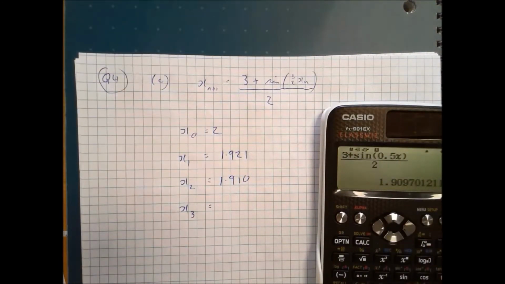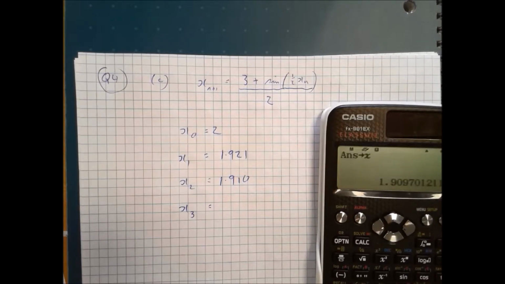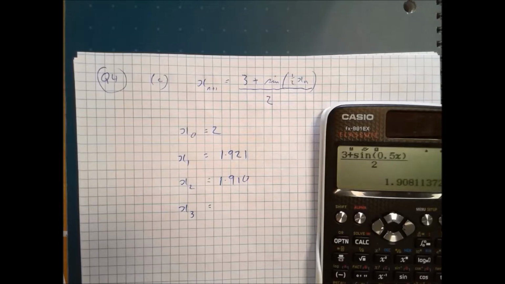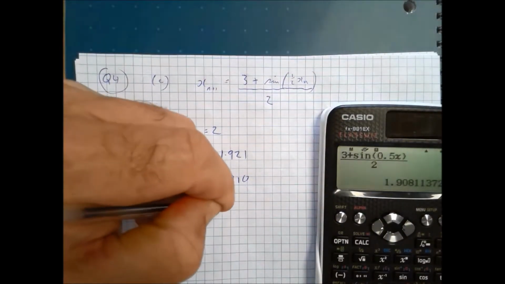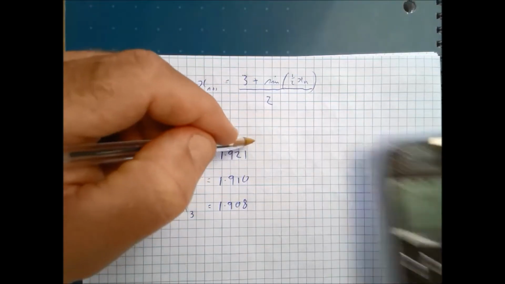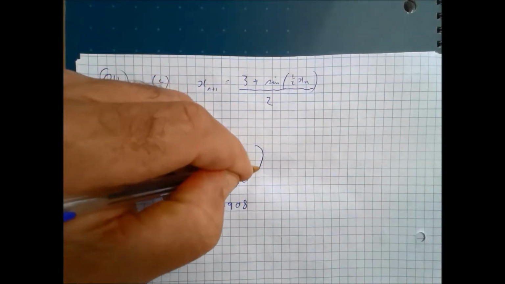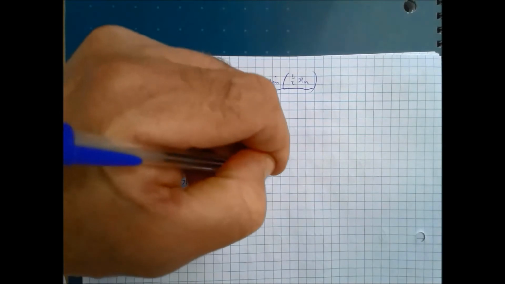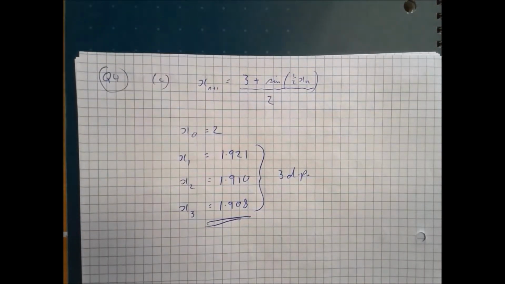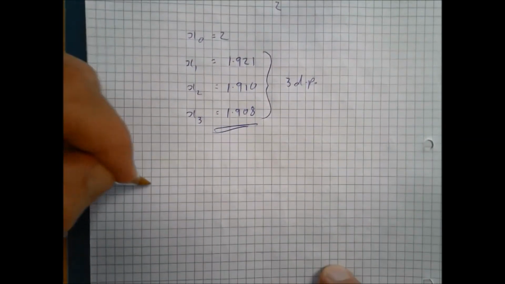Store that. Back up to the formula for the last run through. 1.908. All to 3 decimal places.